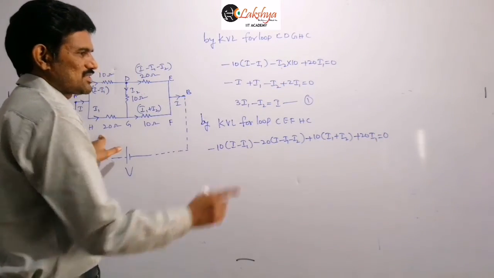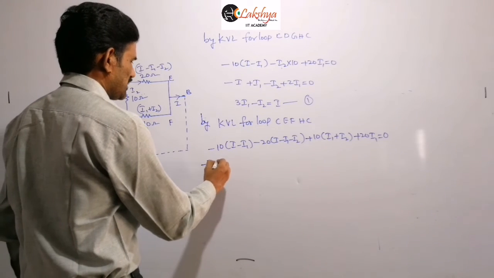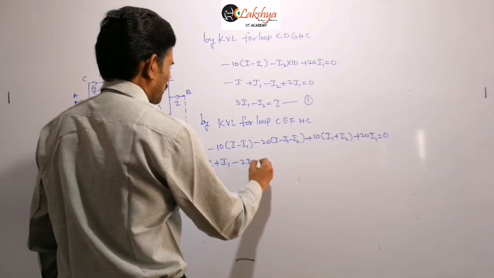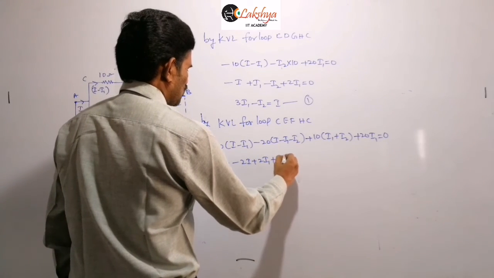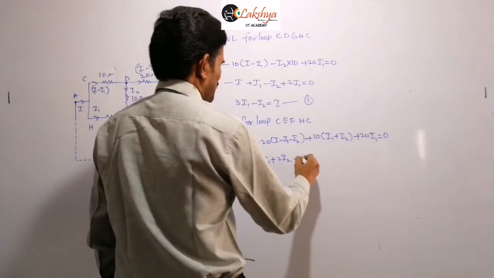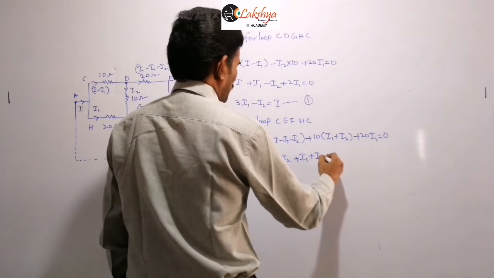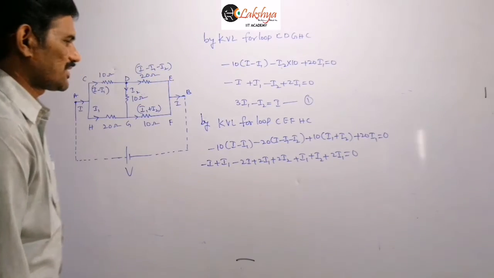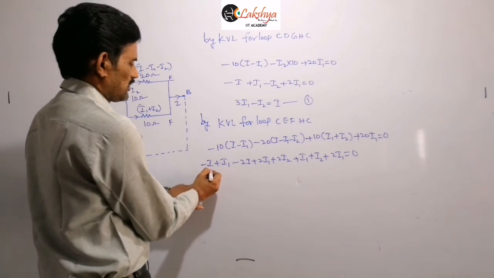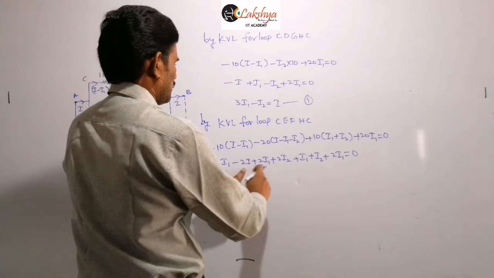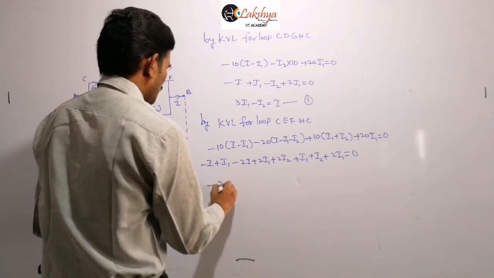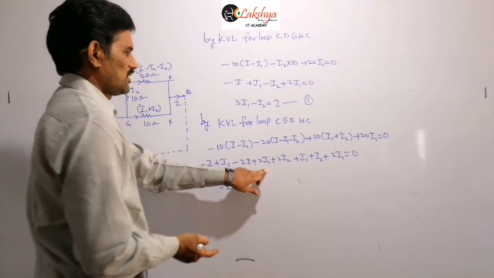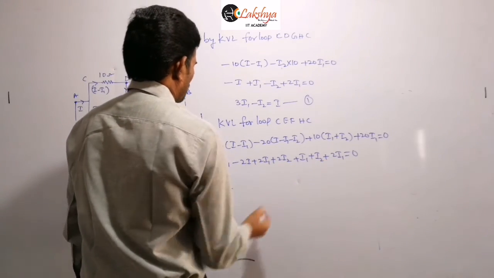And so now let us divide with 10. So minus I plus I1 minus 2I plus 2I1 plus 2I2 plus I1 plus I2 plus 2I1 is equal to 0, right? So let us take the I terms here. So this is I minus 3I, that's it, minus 3I. And next I1, 2I1, 3I1, 4I1, and this is 6I1.